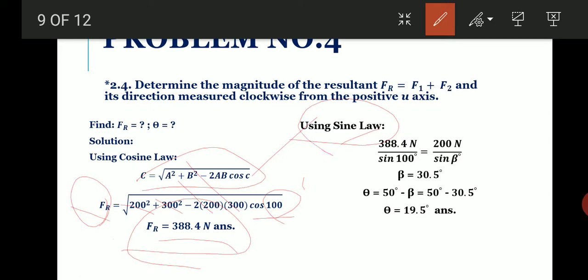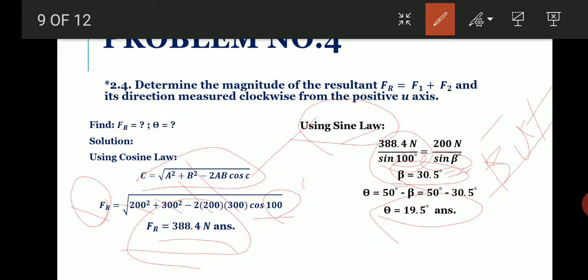So using sine law, the opposite angle of 388.4 is given sine 100, and the 200 Newton, we have the opposite angle of sine beta. Now we get the 30.5 degree, but that's not yet the direction of the resultant force.